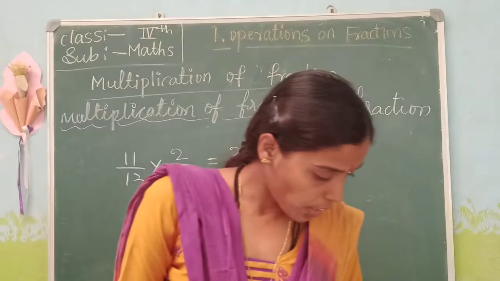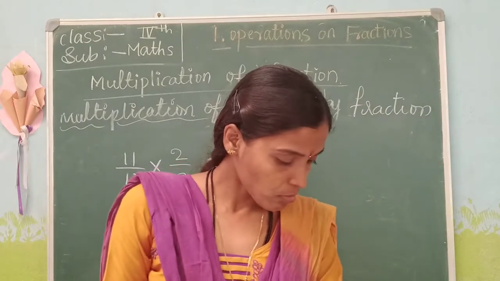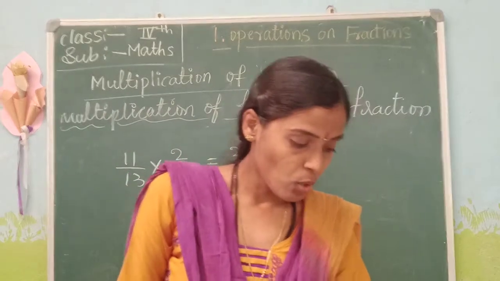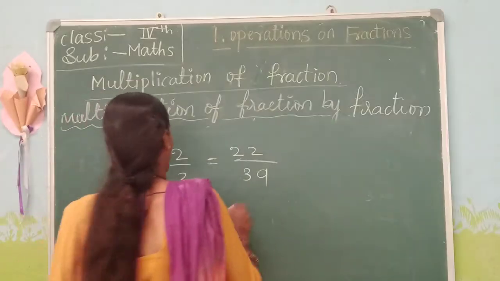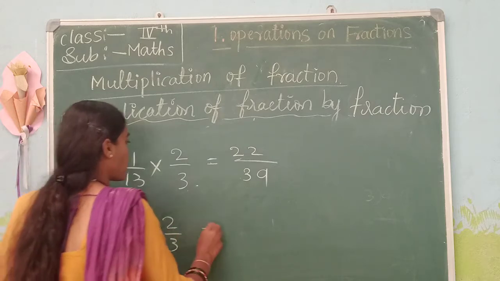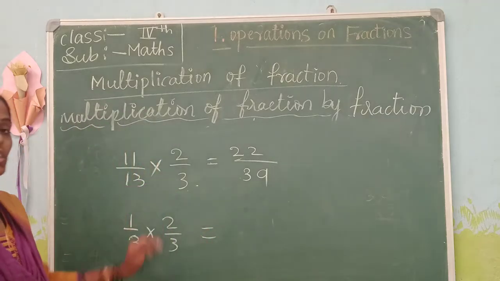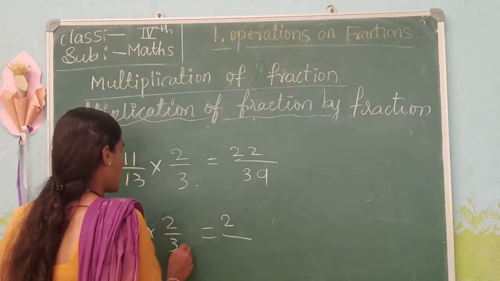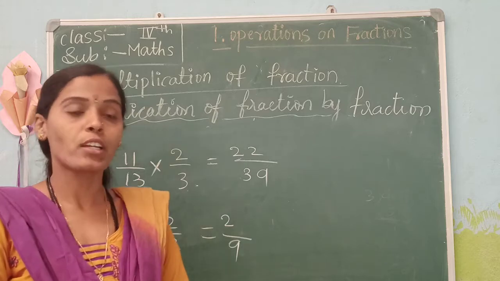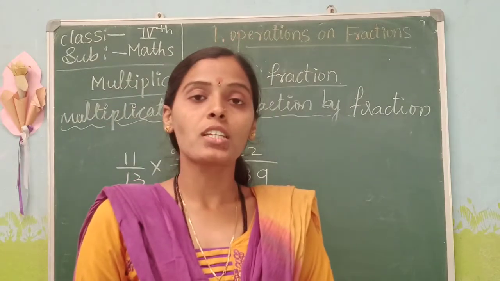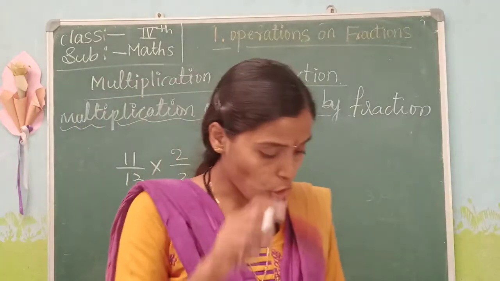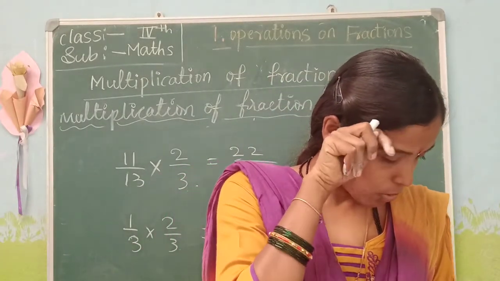Then again, fraction by fraction: 1 by 3 into 2 by 3 is equal to 1 2s are 2, 3 3s are 9. So when we multiply two fractions, we just multiply numerator by numerator and denominator by denominator.